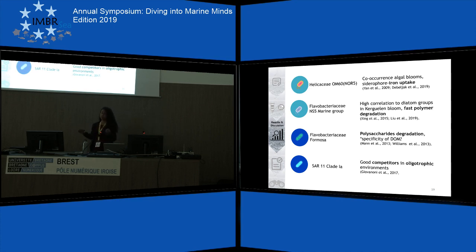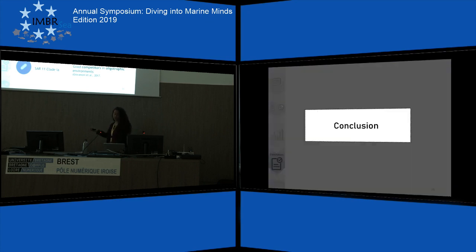Maybe the difference is about the specificity for the organic matter that they prefer. And then we have SAR11, which is also highly abundant. It's one of the most abundant bacteria in the global oceans, and it has been observed as a good competitor in oligotrophic environments. So it makes sense that it's at this site outside of the plateau.